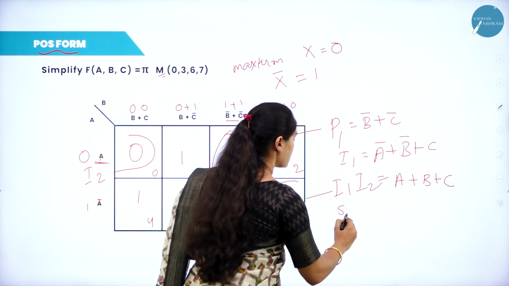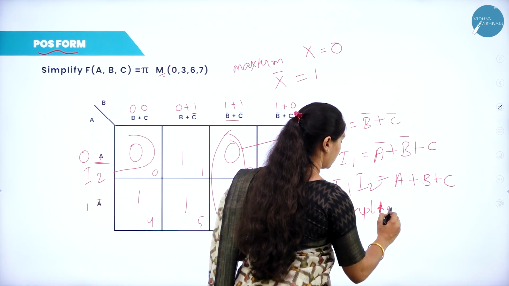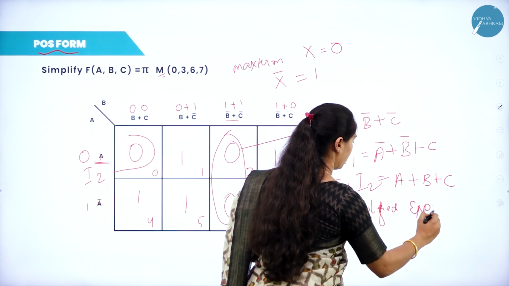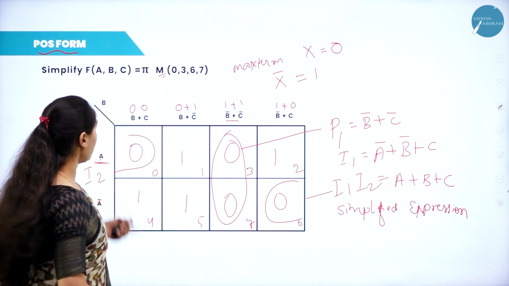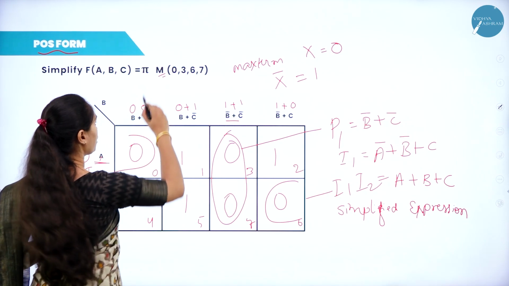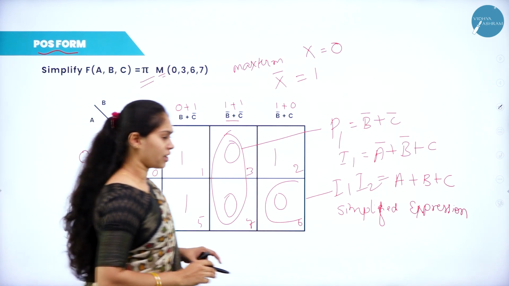Let me write the simplified expression. Dear student, remember you should not write sum of. You have to use pi when we are dealing with max term or POS or product of sum.